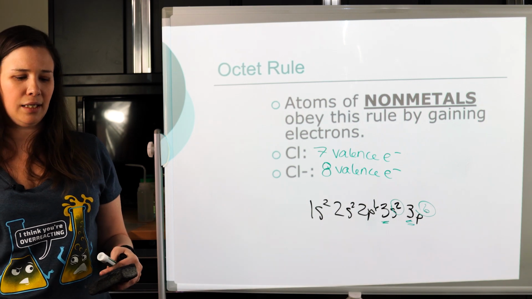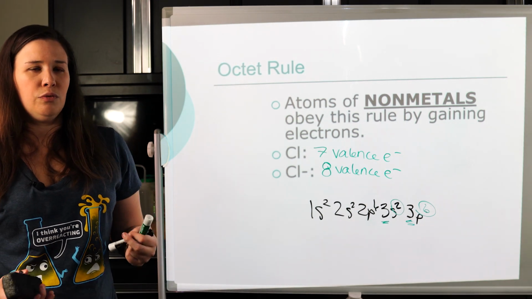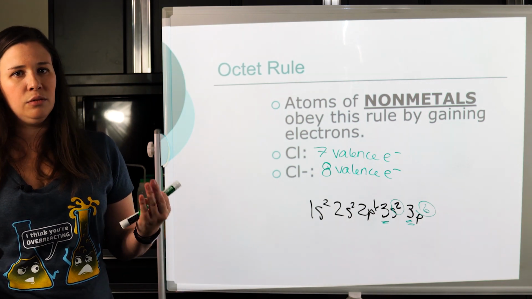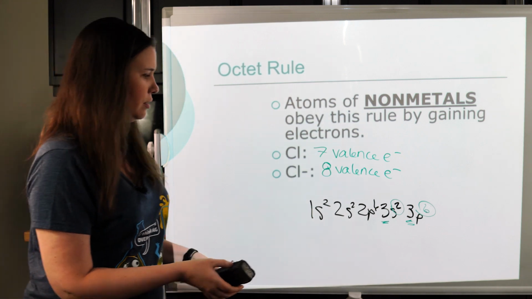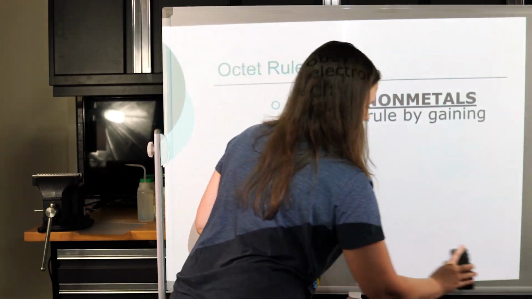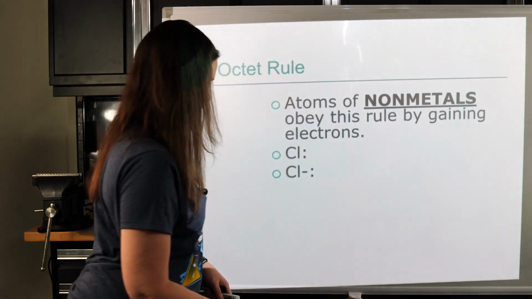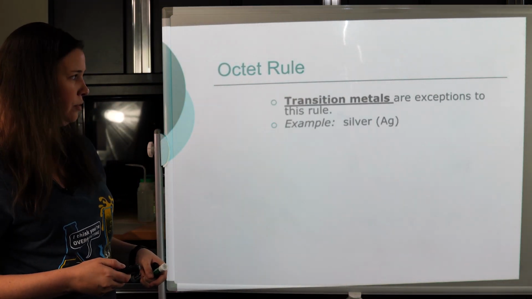So it's going to go ahead and gain electrons in order to get up to the octet. So if one's gaining and one's losing, we'll have opposite charges, which kind of explains why they're very good together. So we go from 7 to 8 valence electrons.